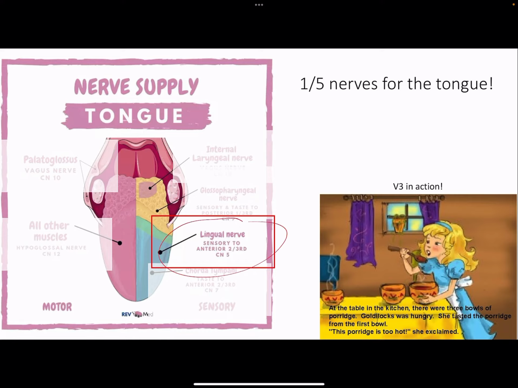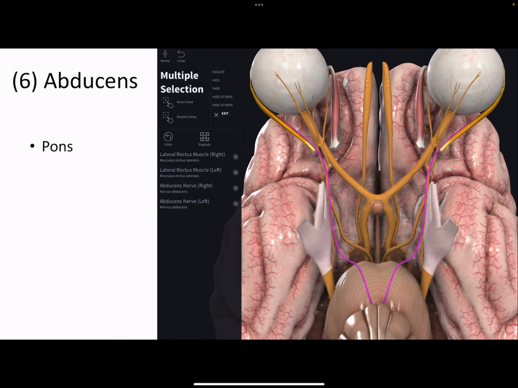Maybe ignore what this says. No, I'm sorry. Don't ignore it. Sensory in the sense that if you're eating something really hot, that's what your trigeminal nerve is going to pick up on, your mandibular V3 nerve. So not does it taste good, not does it taste bad. It's just, is it hot or cold, or is there something there? So yeah, sensory in that sense of the word.